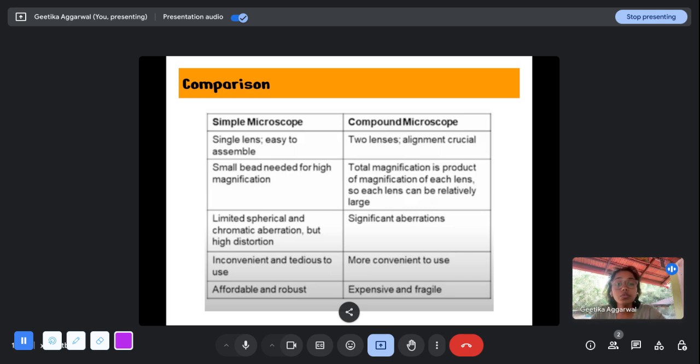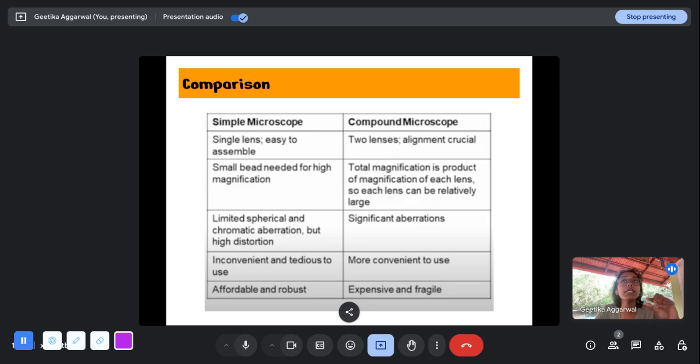In a simple microscope, a small bead is needed for a high magnification. In a compound microscope, there are two lenses, and the total magnification is the product of the magnification of each lens. So each lens can actually be relatively large. Why are we saying this? As we discussed, aperture is inversely proportional to the magnification. So for a higher magnification, you need a very small bead so that the aperture is small.